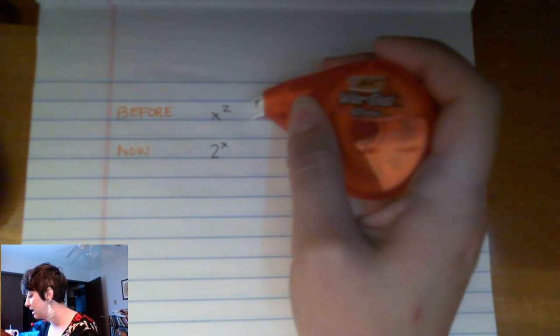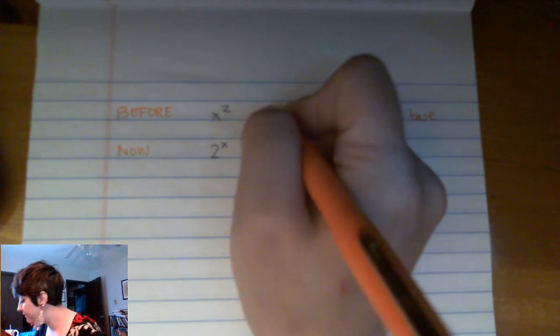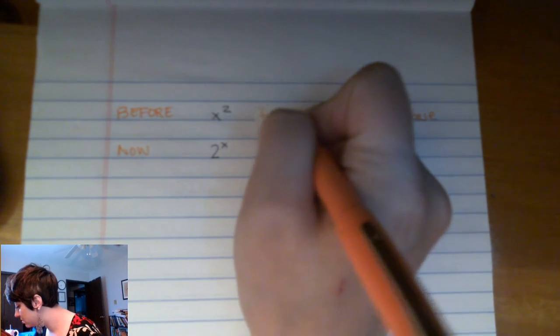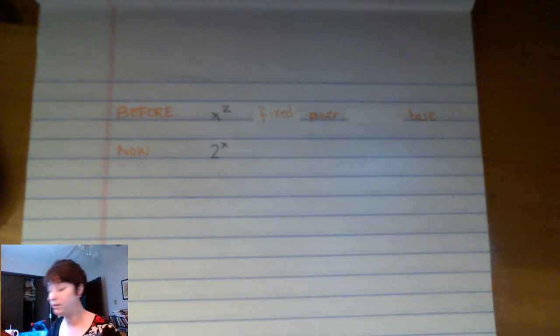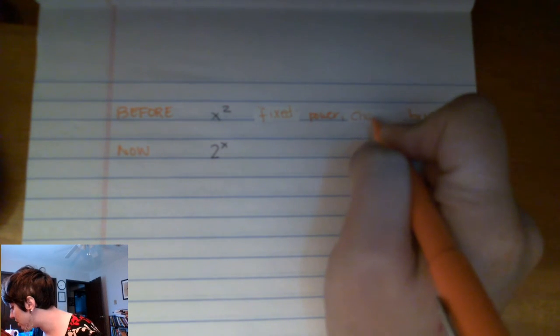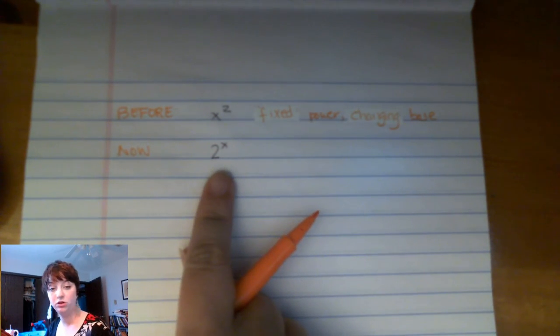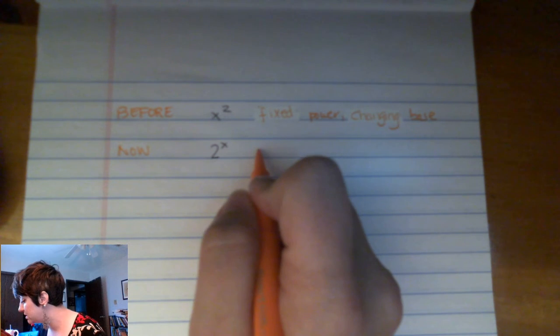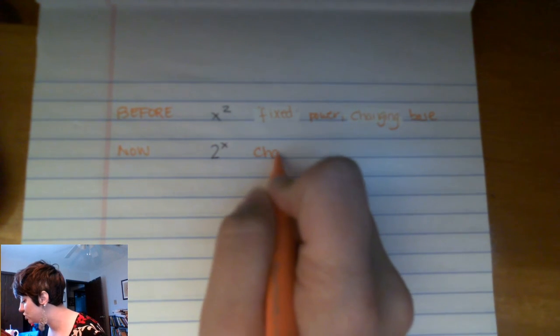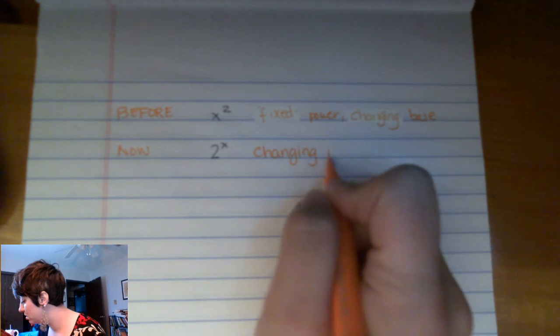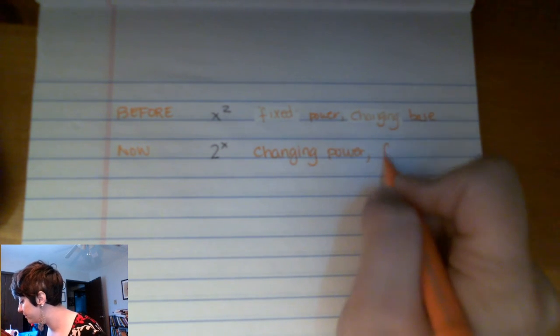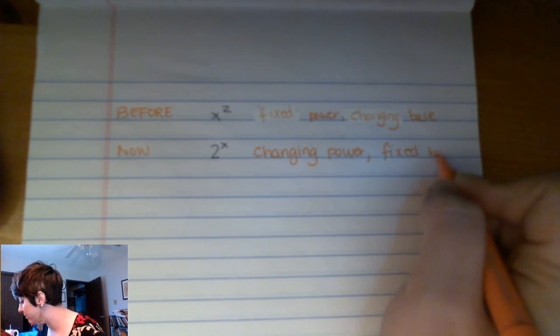Actually, instead of saying known and unknown, we could say fixed power, where the power is always the same, and changing base. Now when we're looking at 2 to the x, this is a changing power, fixed base.